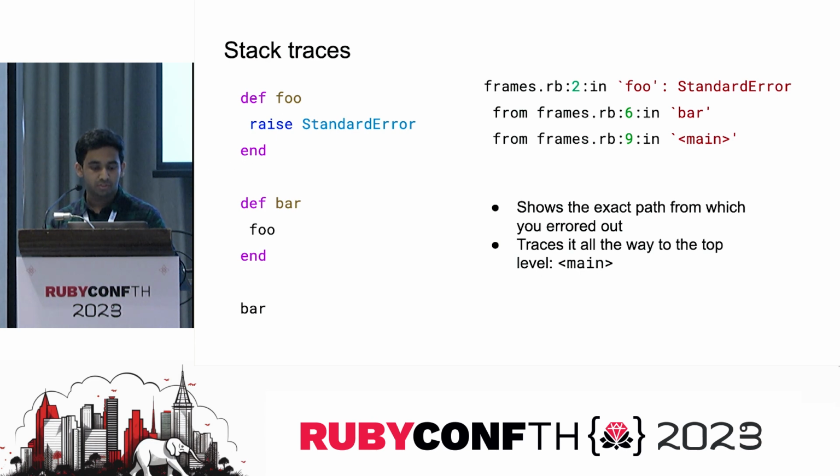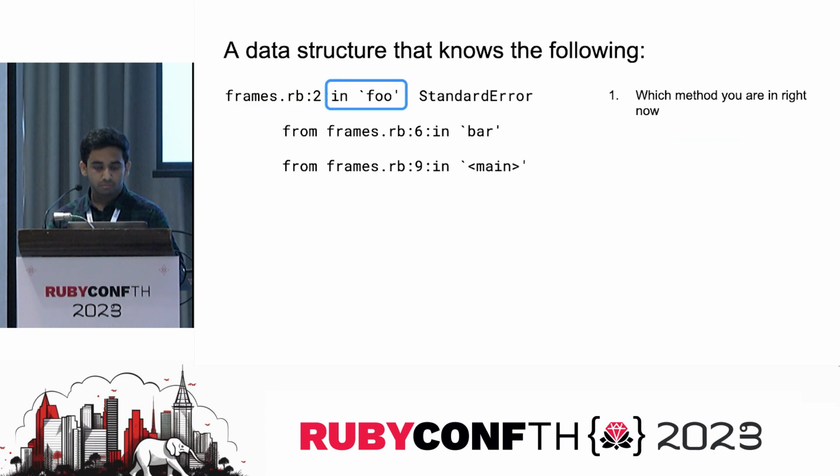It will give you certain things like the error value, the context from which you have rolled out from. It will keep track of the path that your program has taken, and it will trace it all the way back to your top level. So we can use this to have context of our application.